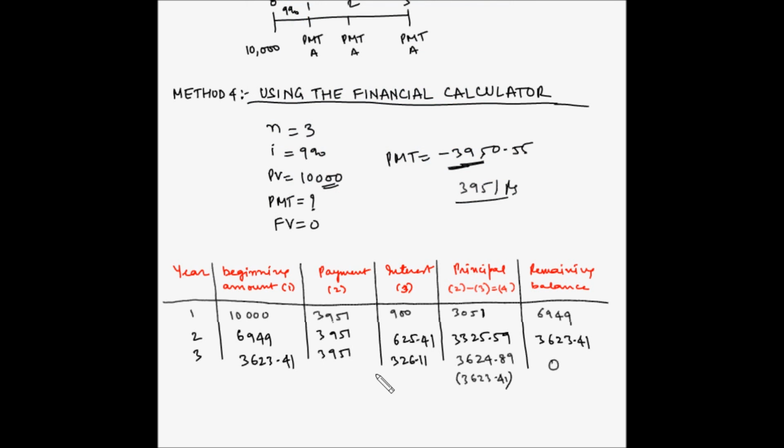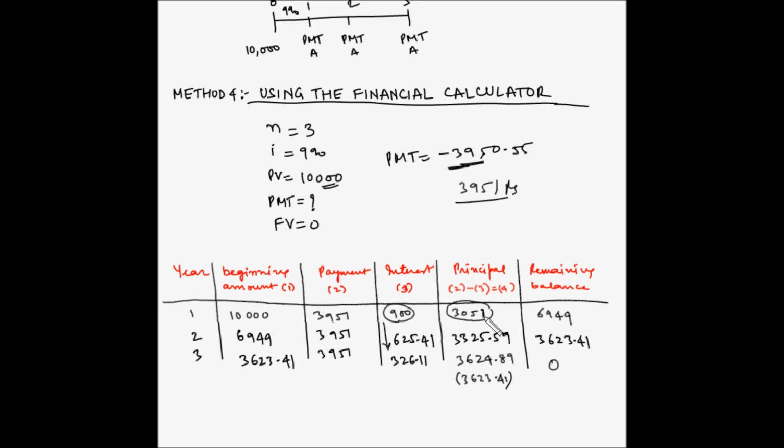So this is how you prepare an amortization schedule for a loan. Now as you can notice, the interest amount is the highest for the first installment, and the principal amount being paid is the lowest for the first installment. And then the interest reduces while the principal amount increases.